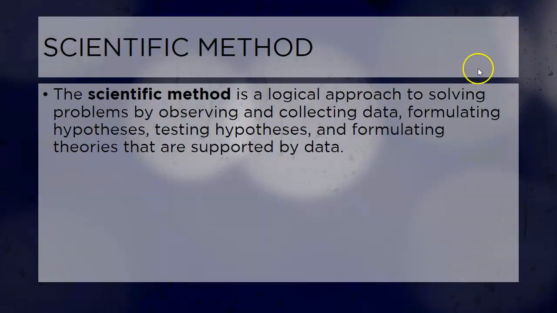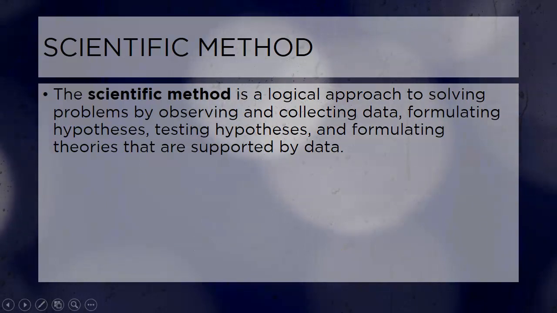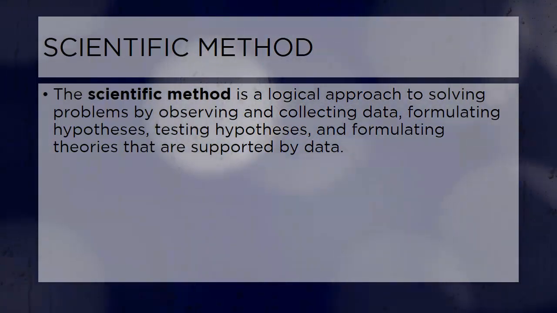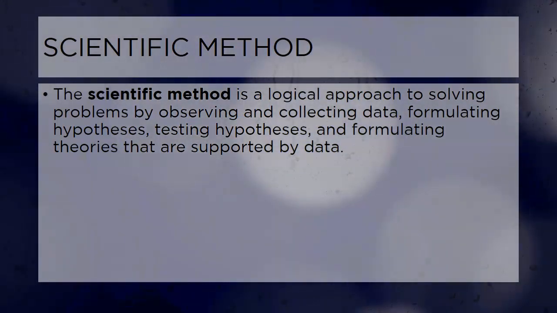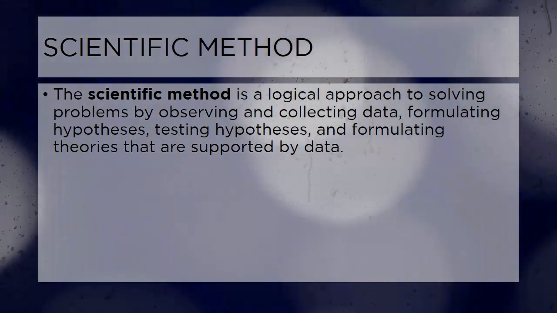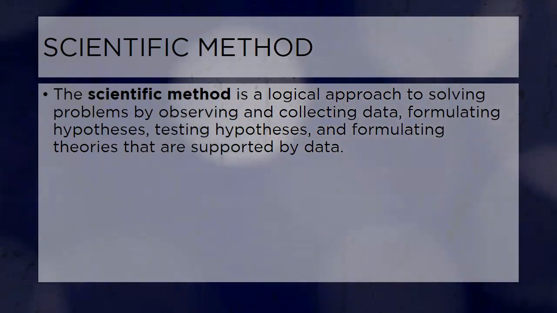So first off, the scientific method. We've probably all learned about this in like middle school, elementary school. I remember in my 6th grade class, there were posters on the wall with like a nice step 1, step 2, step 3. Well, every book presents it differently, but there's not necessarily one set of steps for the scientific method.